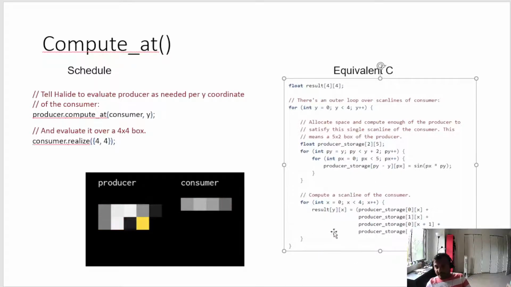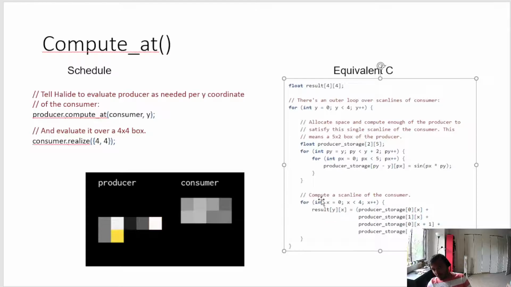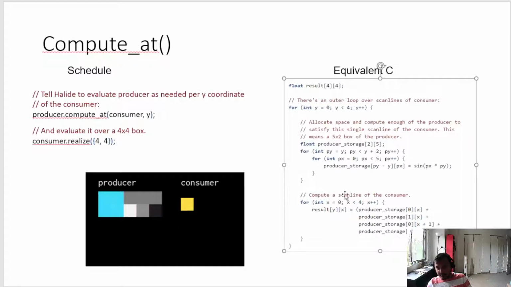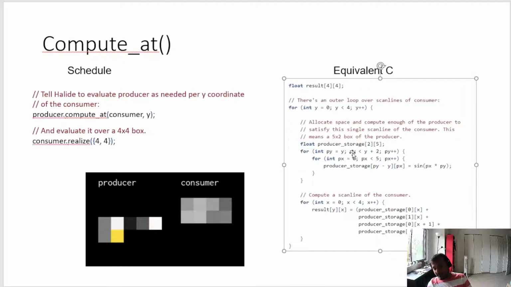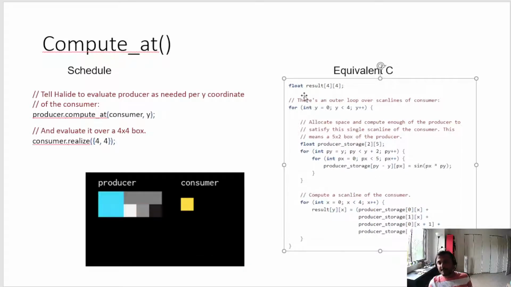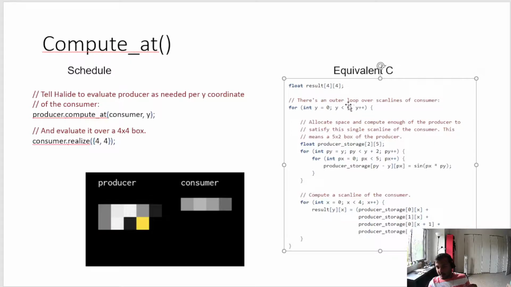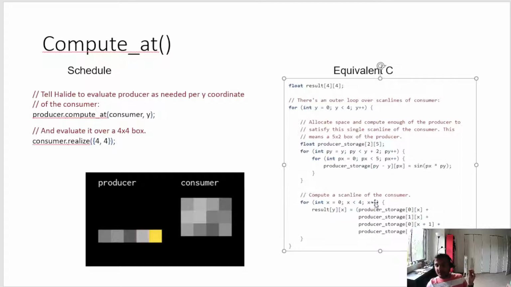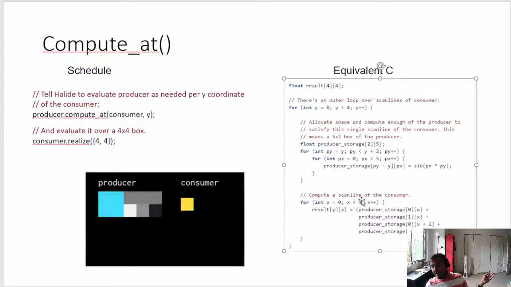And then finally, in my results matrix, I loop over all the x's and store the results, computing on this producer storage, taking the average of the four grid values of the producer storage. So in a sense, for each row of my consumer, I compute the relevant producer values and then use those immediately. So I get one row of my result.